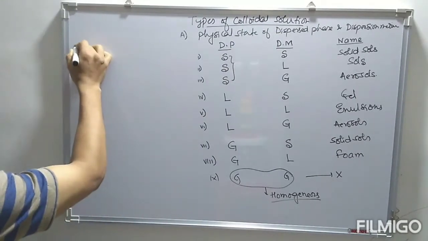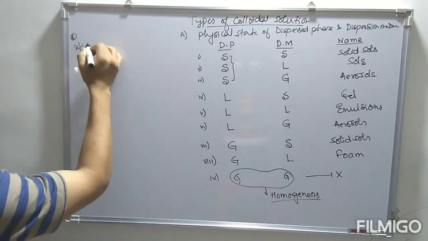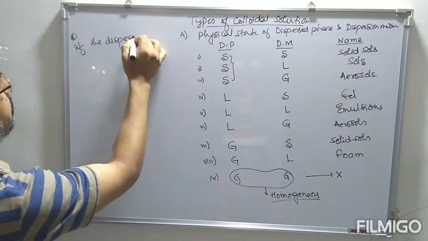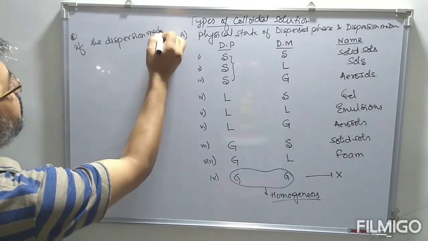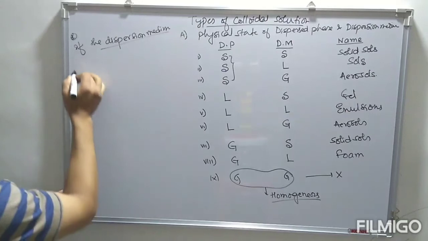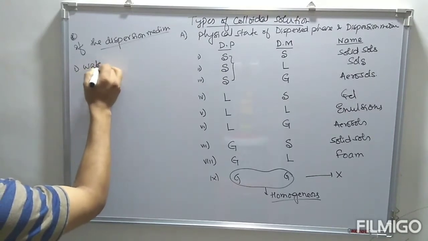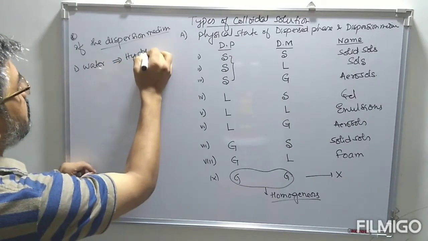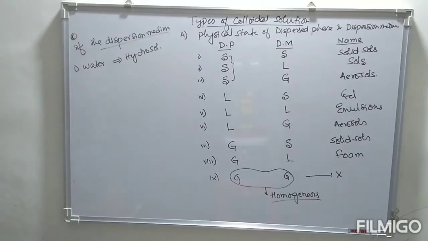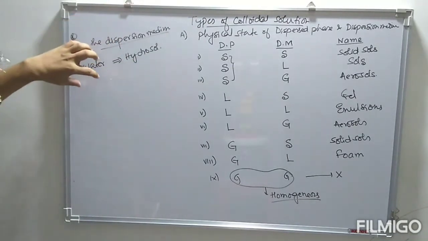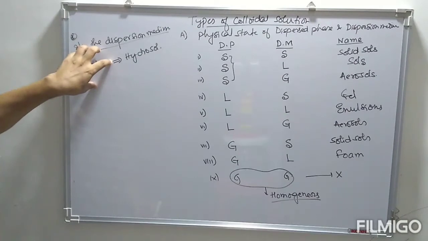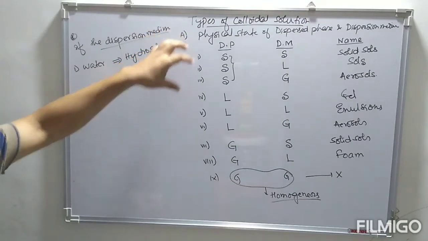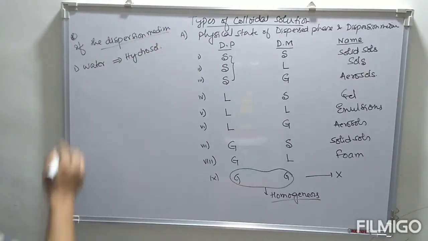So if the dispersion medium is water, then the sol is known as hydrosol. So if we have a colloidal solution prepared with water as the dispersion medium, then these types of colloidal solutions are generally called hydrosols.